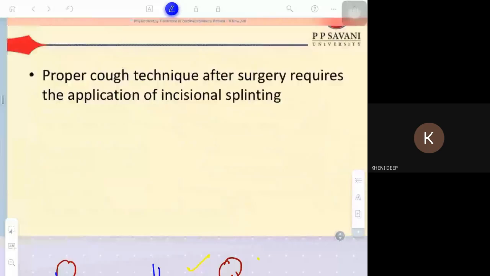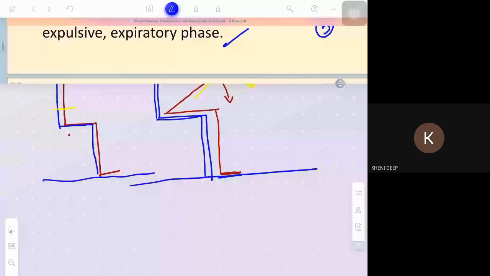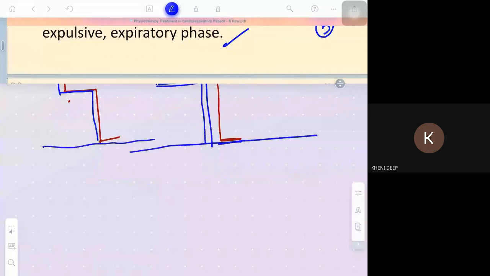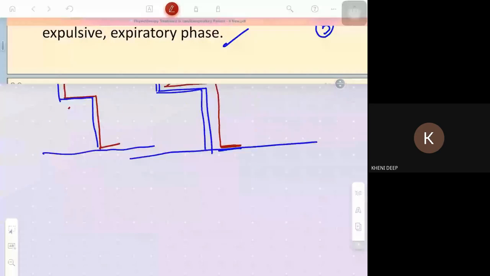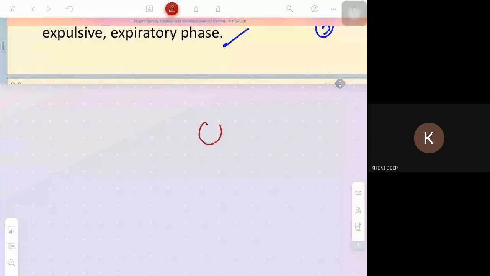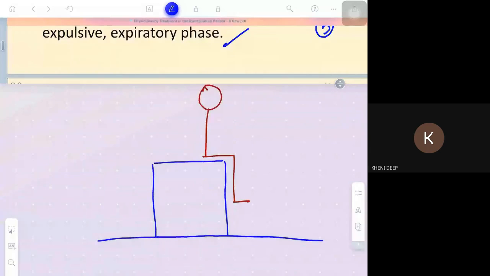Okay. Imagine a patient sitting in high sitting.